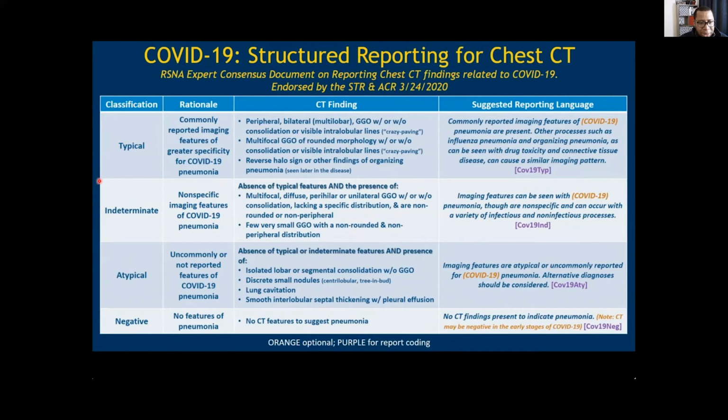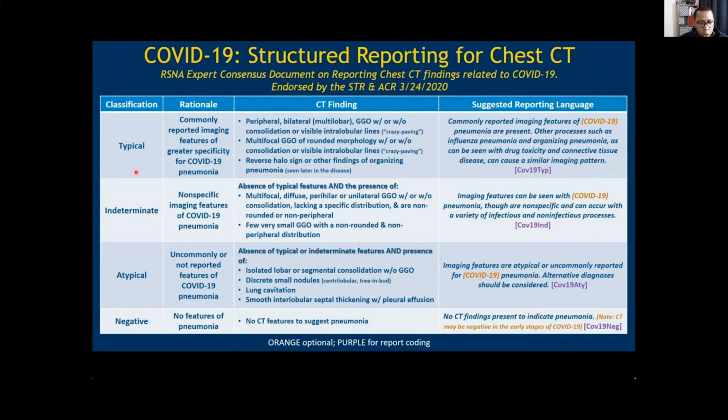So a way to approach reporting COVID-19, which a few institutions have definitely adopted. This is not the only one out there. I know there was one from Europe called CO-RADS, which is another way to structure your reports, which helps with data mining, right? If you want to be able to pull up the cases through a search engine.